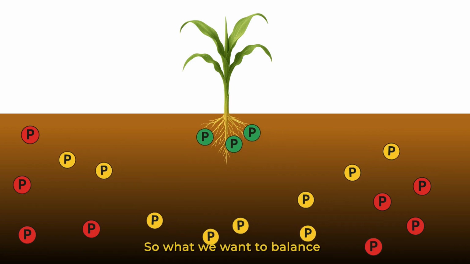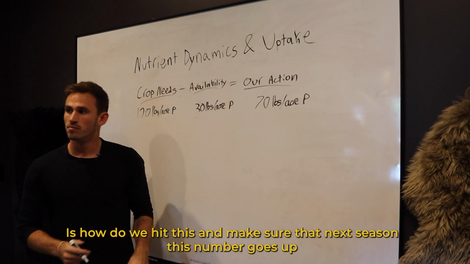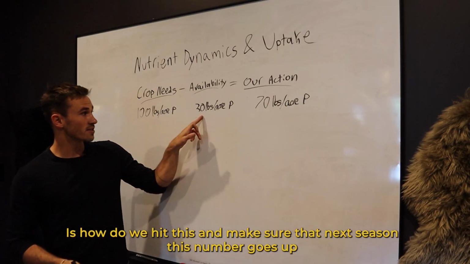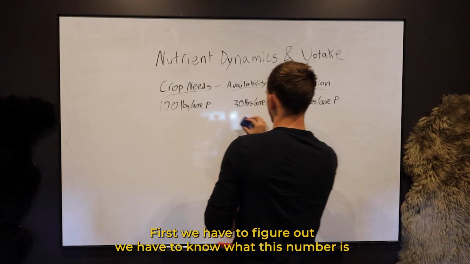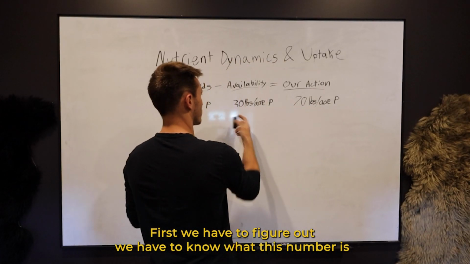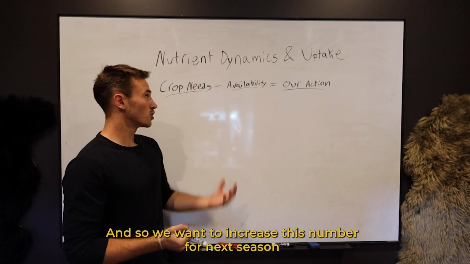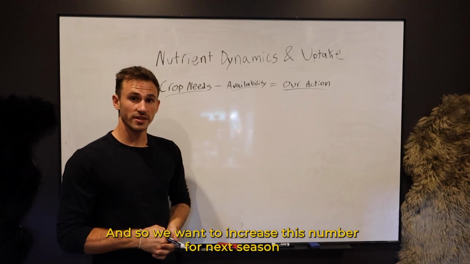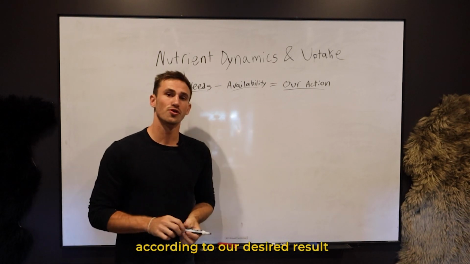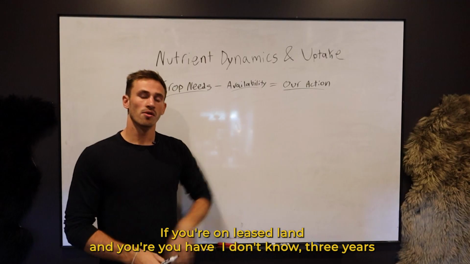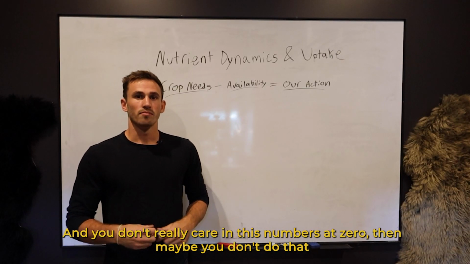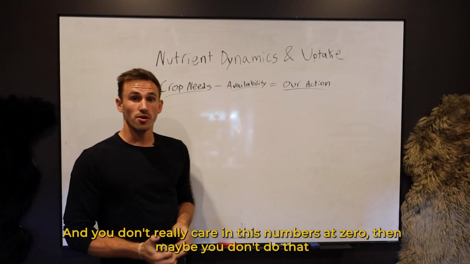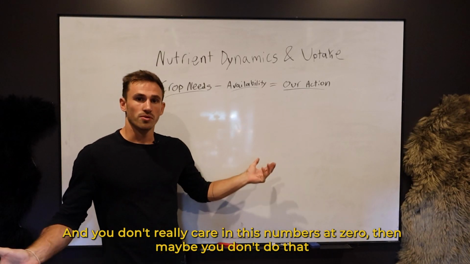So what we want to balance is, how do we hit this and make sure that next season this number goes up? There's a couple things we have to do there. First, we have to know what this number is, right? And so we want to increase this number for next season according to our desired result. If you're on leased land and you have like 3 years and you don't really care and this number's at 0, then maybe you don't do that.